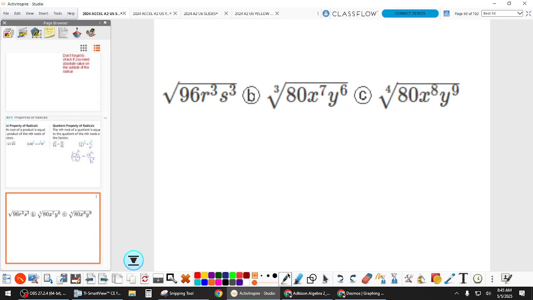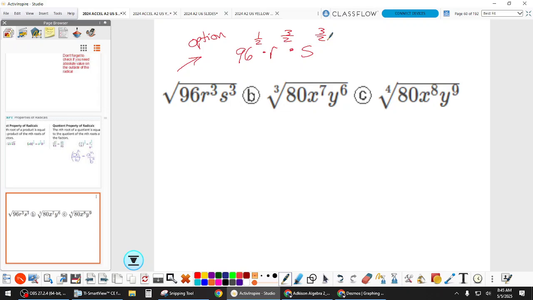Okay. This is an option, again, I just want to point it out. If we rewrote this as an exponential, what would it look like? 96, or r to the 3rd, and then s will be x.